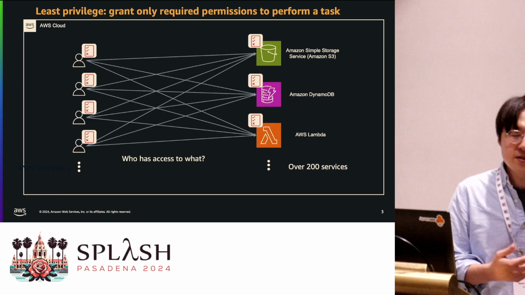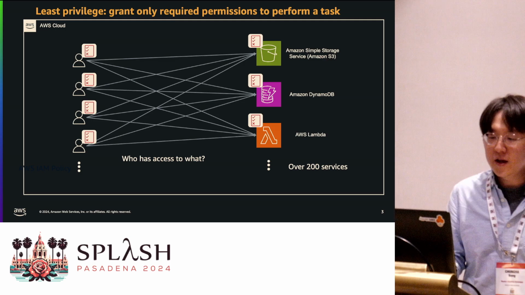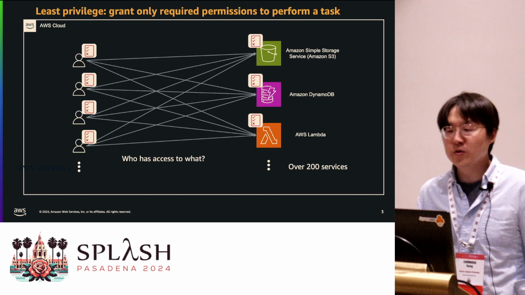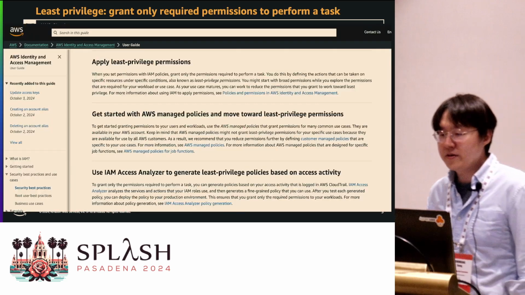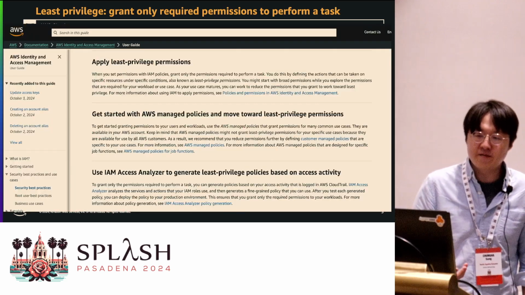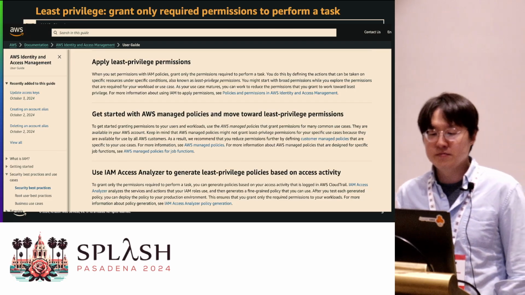So when writing these IAM policies, it is important to give least privilege. And least privilege means you need to grant only the required permissions to perform a task. In AWS, there are security best practices emphasizing that least privilege is important and some ways to achieve it.